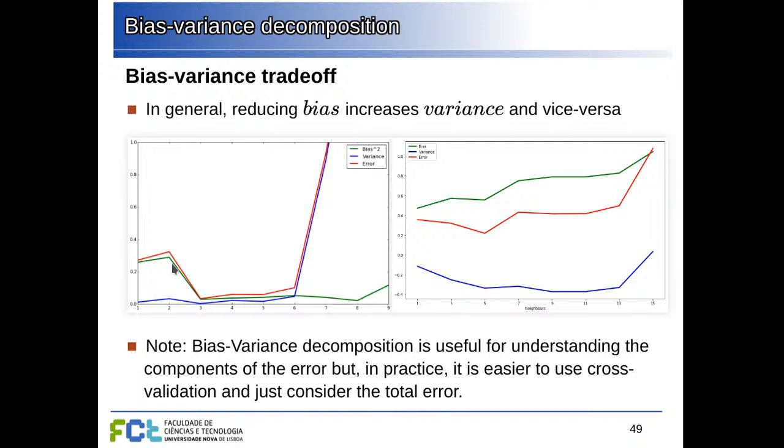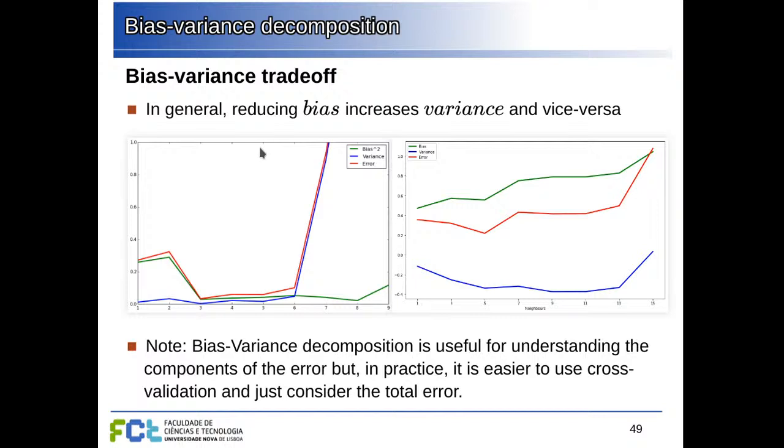But this is not something that you're going to use in practice, because in practice what we need to know is how the error is changing over the change in model or some meta parameter, and this is much easier to compute using cross-validation, for example, than trying to do bias and variance decomposition, because you need a large number of samples, you need to use bootstrapping and so on. So this is not something that we're going to do in practice when solving actual problems.